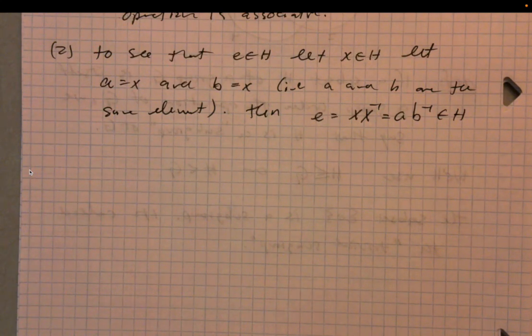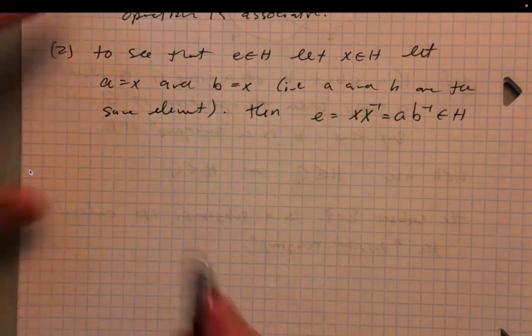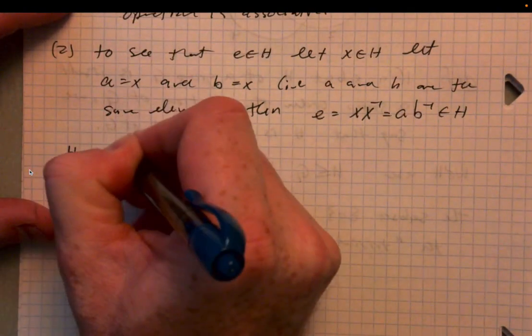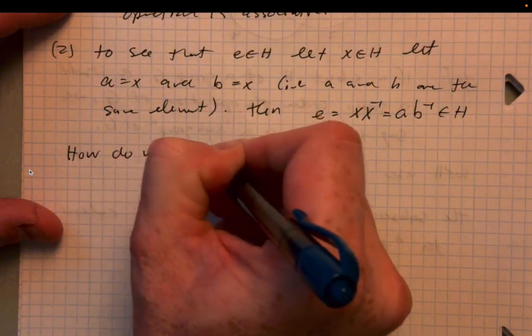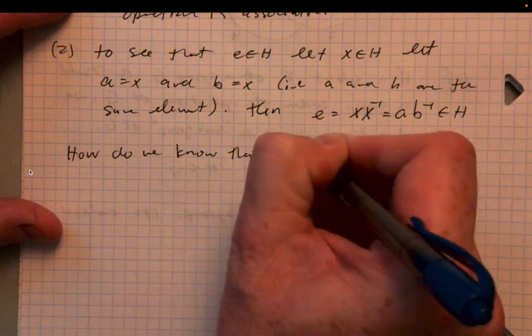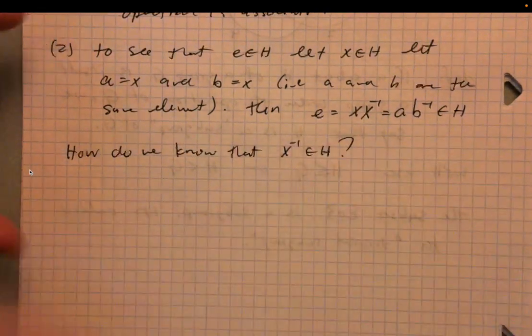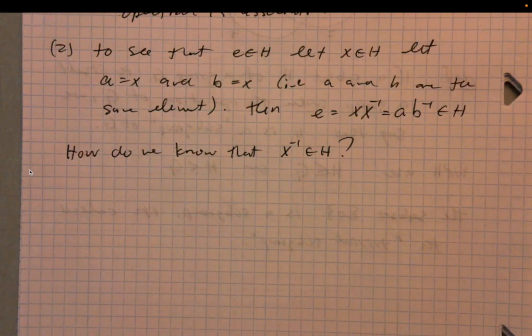Now, one thing we've used here that might be cheating a little bit is we've assumed implicitly that X inverse is part of H. So how do we know that X inverse is in H? Well, let's prove that one next.